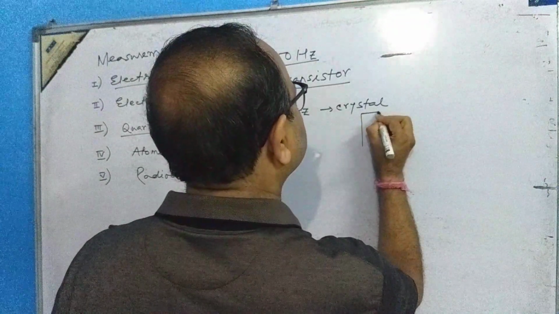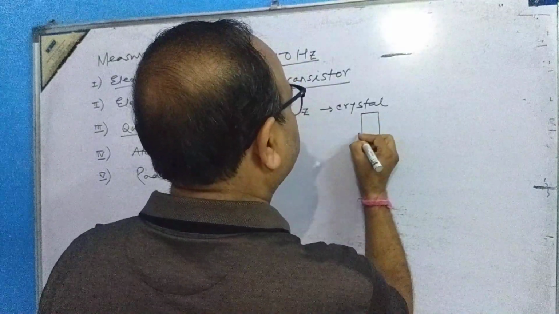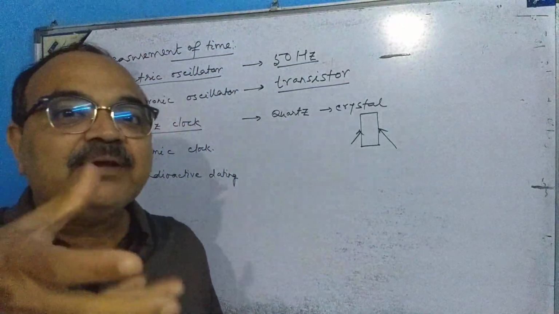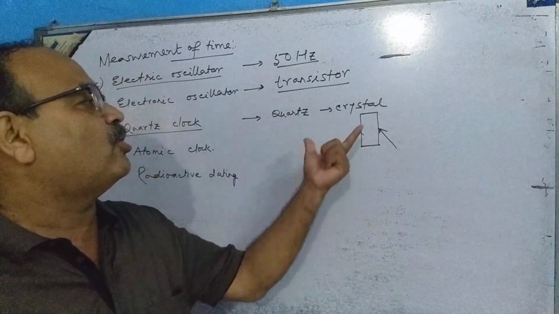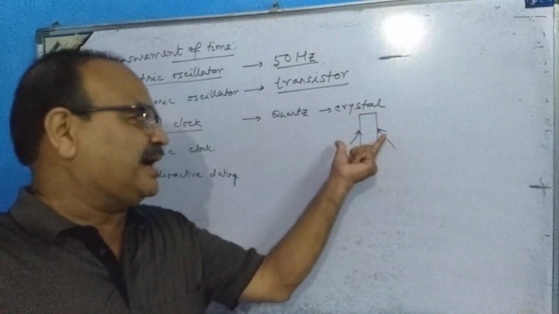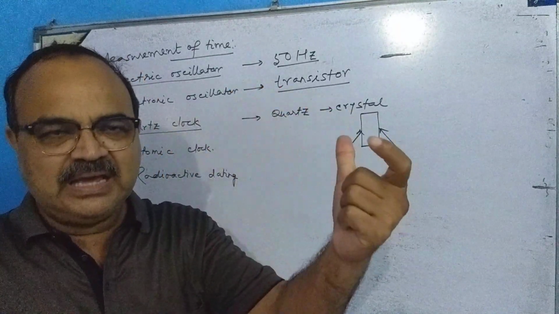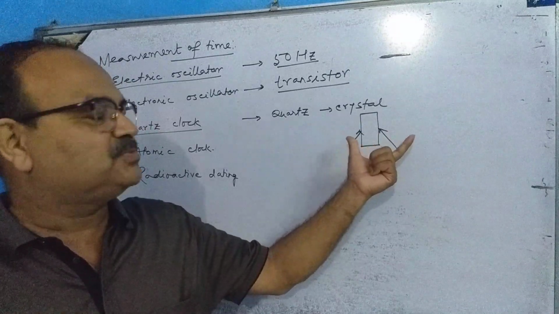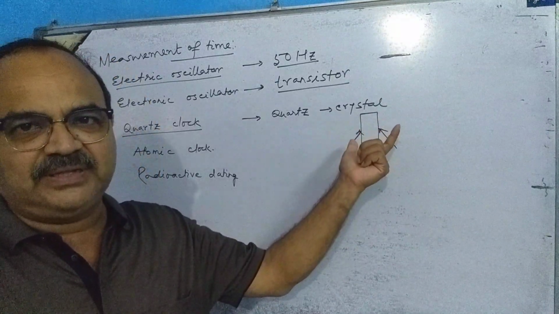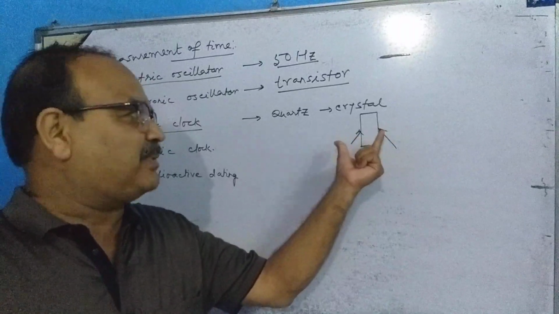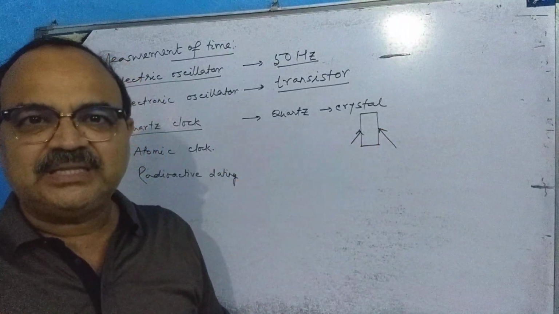Suppose there is a quartz crystal and an alternating potential difference, a fluctuating potential difference, is applied across its ends. Then what happens?